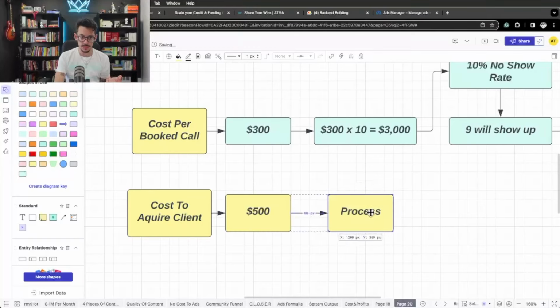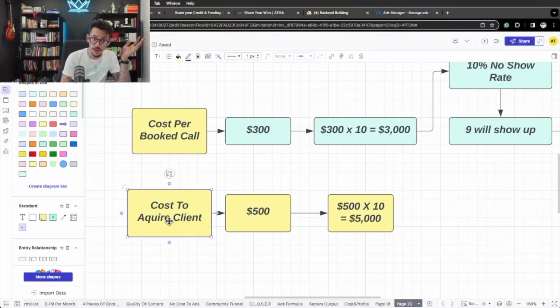To get 10 sales, you gotta spend $5,000. So it'll be 500 times 10, which will equal 5,000, right? Simple math, guys.